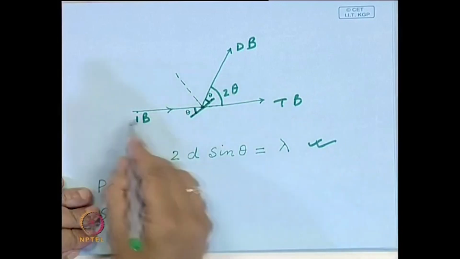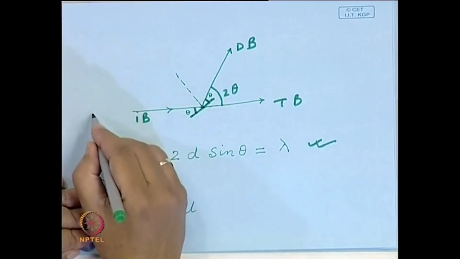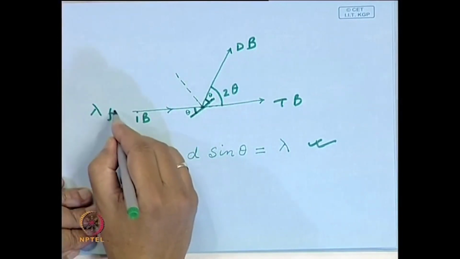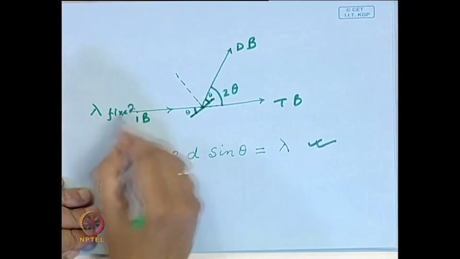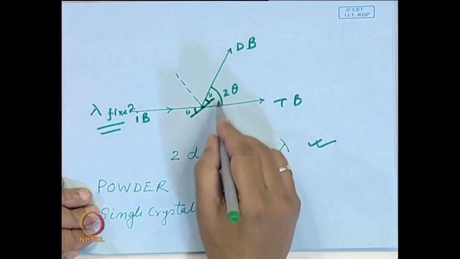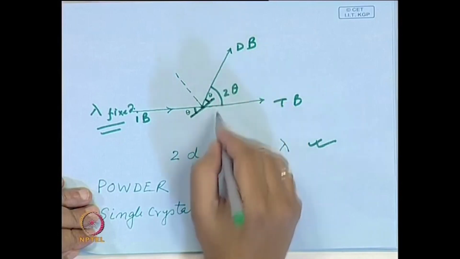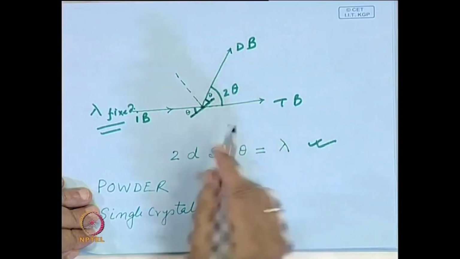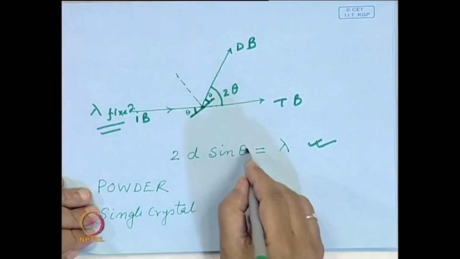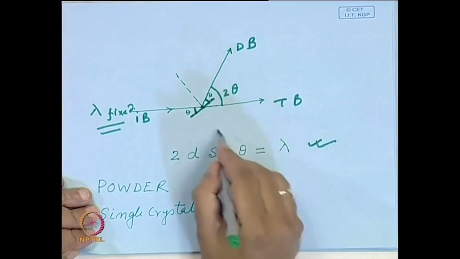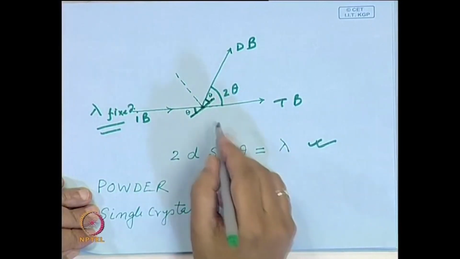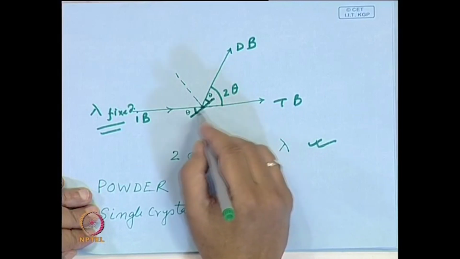Suppose your beam is monochromatic, so lambda is fixed. To get a diffraction pattern at this particular place, you have to have a particular crystal which will satisfy this relationship, and this can be done in 2 ways.